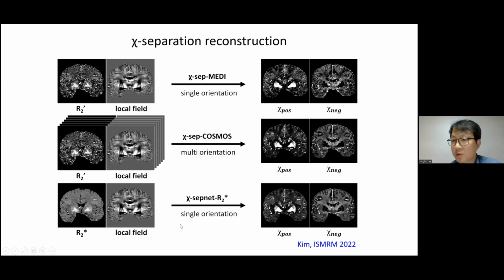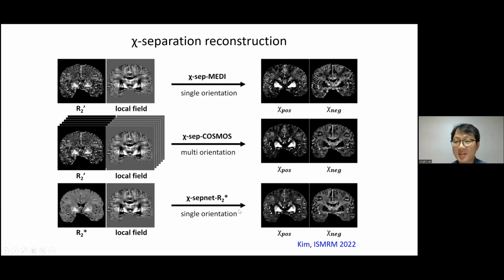Of course, you can go for deep learning, as I introduced in the previous slide. In this particular deep learning method, we can also get rid of the need for acquiring R2 data. So here we simply utilize the multi-echo GRE data so that we no longer have to suffer from the data acquisition side, where R2 mapping is very rare in clinical acquisition.